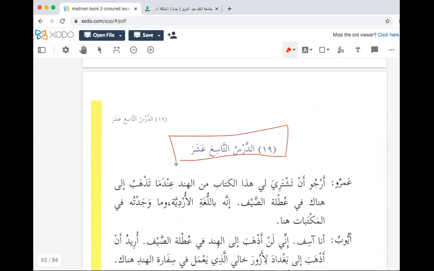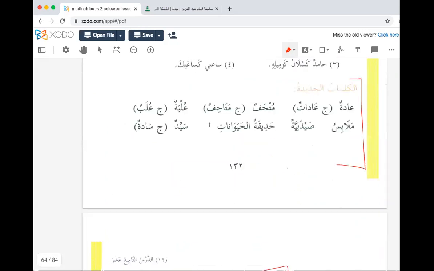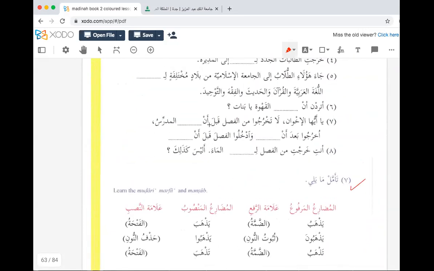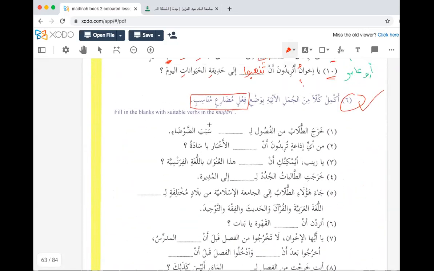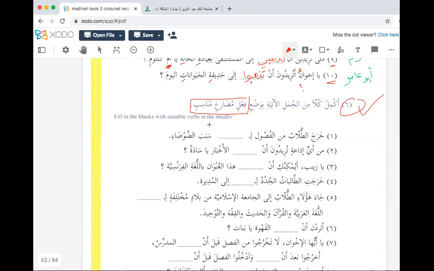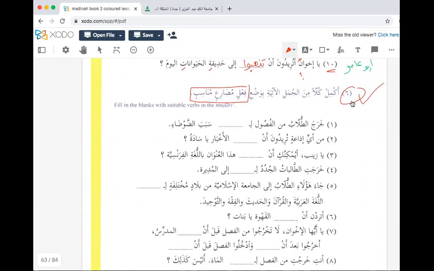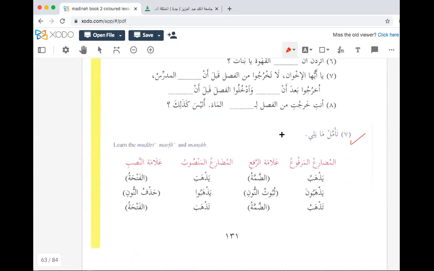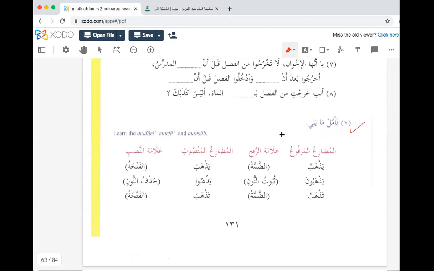Where's the homework again? Sorry, what's the homework again? 6 and 9 is writing, and the rest is reading and just noticing. When I said these ones are writing and these ones are noticing, I would say write everything because it improves your handwriting.